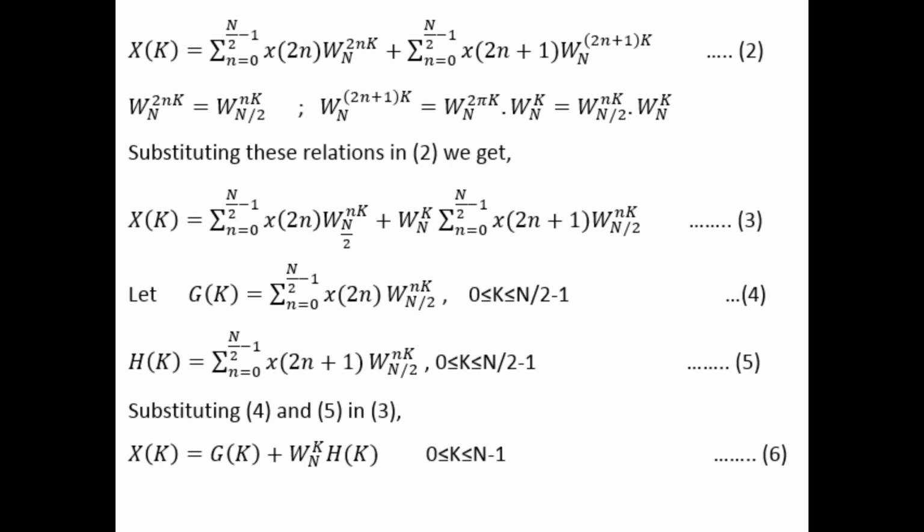Substituting equation number 4, 5 in equation number 3, we get x of k is equal to g of k plus omega N of k into h of k, where k varies between 0 to N minus 1.